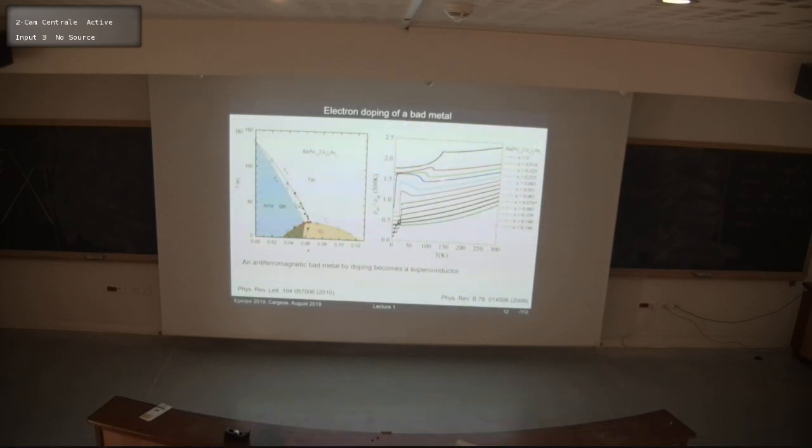It has a kink at about 140 Kelvin, and it's a bad metal. As you add more cobalt, eventually the resistivity becomes even linear, and then becomes more square in temperature, evolving towards Fermi liquid-like behavior.